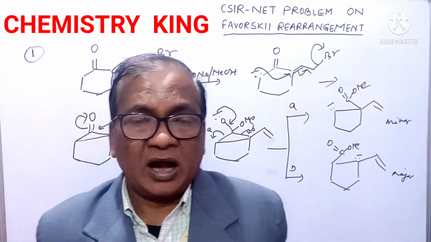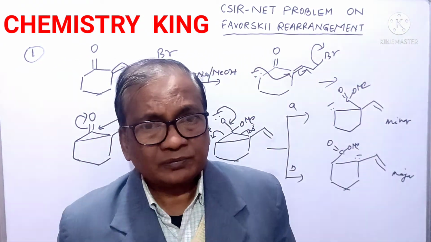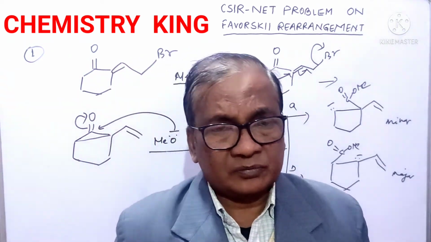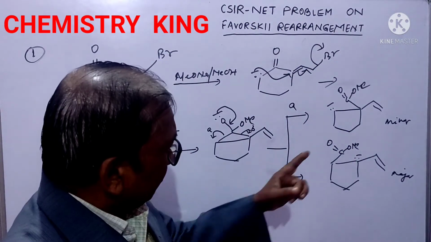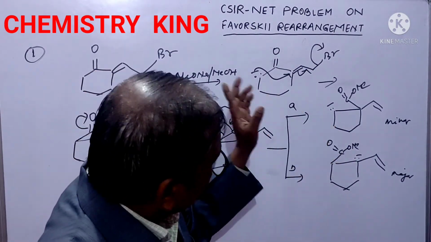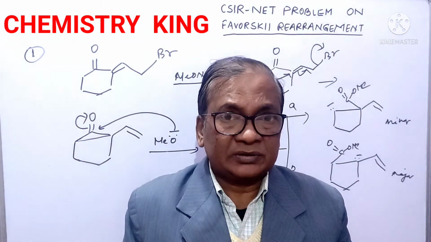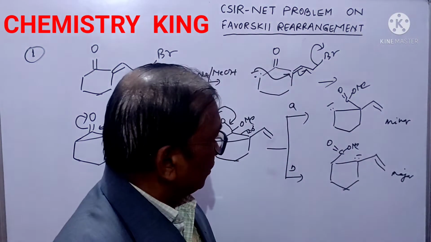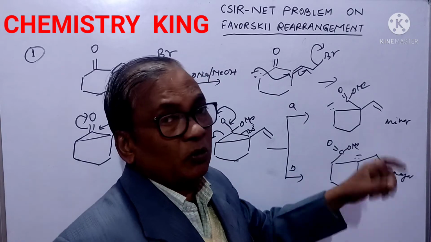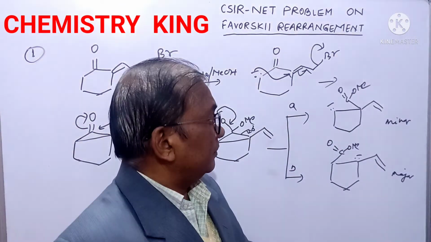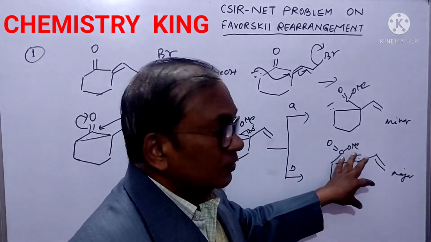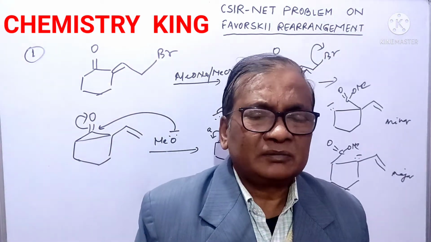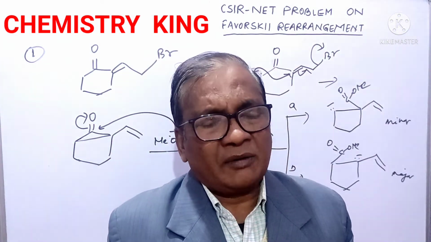One thing I want to show you. In the CSIR NET exam, this question was once asked, but out of 4 options, only this minor product had been given, and this was not in the options, and the remaining 3 options are not of our interest.